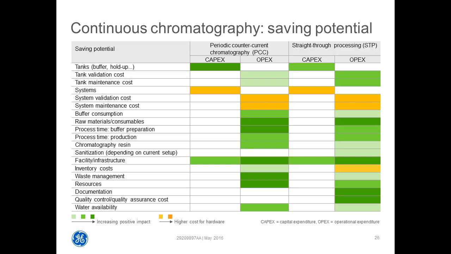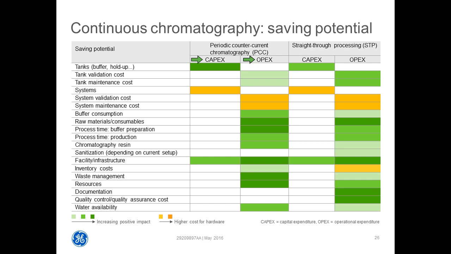Right? So in terms of benefits, here is a chart that compares a few aspects of continuous chromatography as opposed to batch chromatography. We're looking at two separate aspects here: one is capital expenditure, and the other is operating expenditure. The details aren't nearly as important on this slide as getting to the point that, depending on the starting point and the ambition level, there are going to be a lot of different benefits around continuous chromatography.